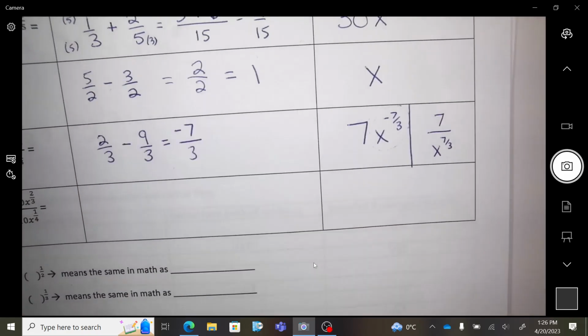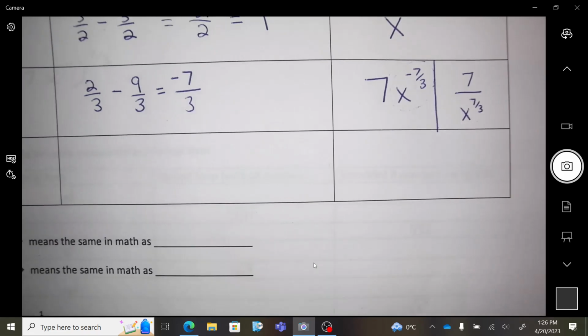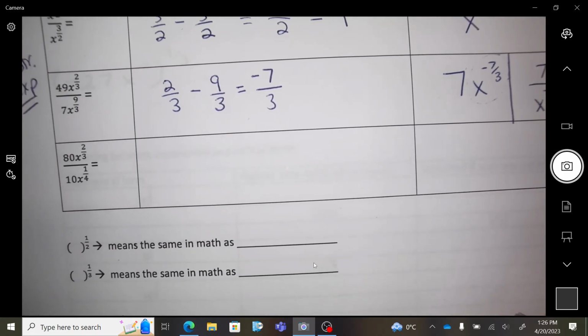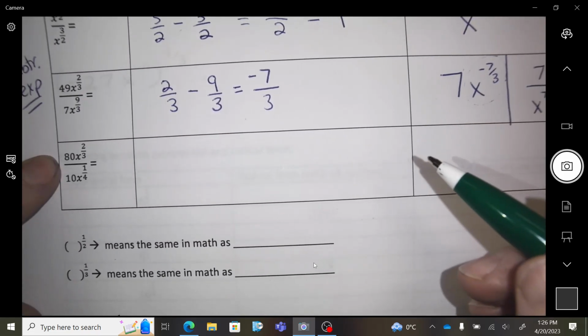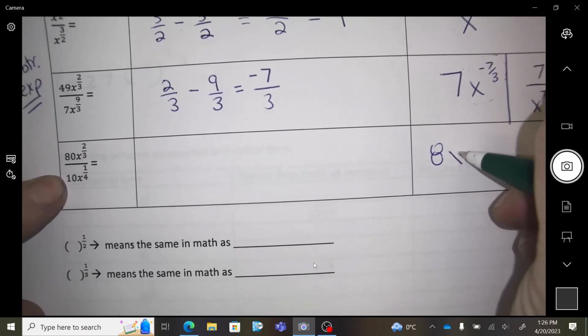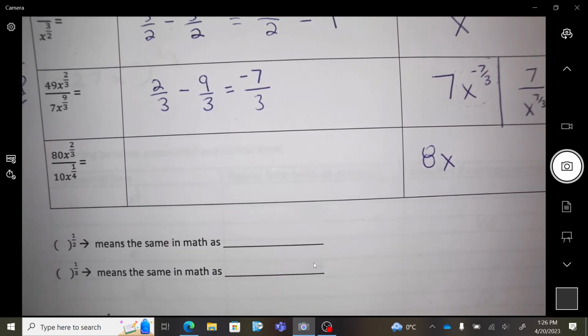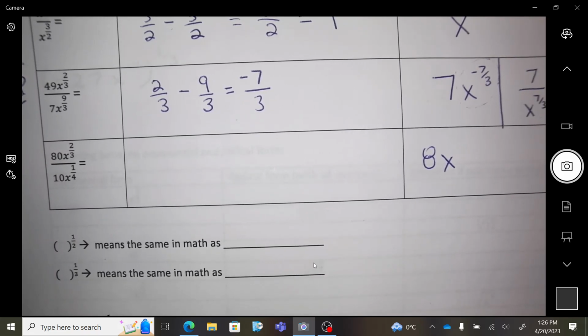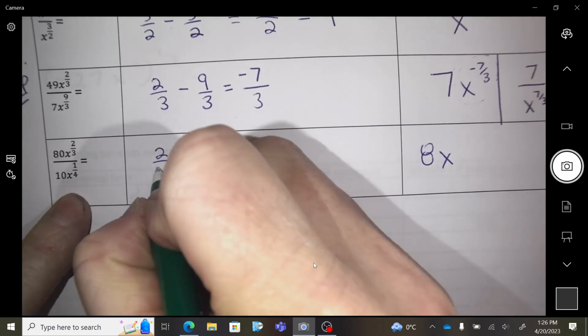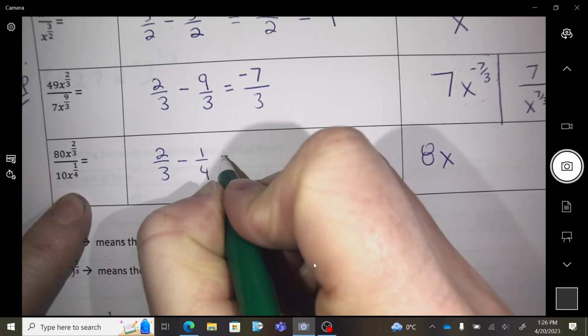Okay, and then the last example, let's see what we got. So division, so I'm just going to go 80 divided by 10, so 8x to the rule, subtract them. Subtract the exponents.